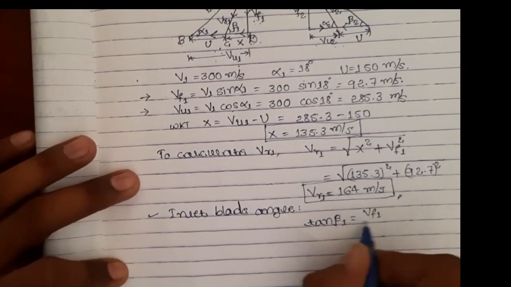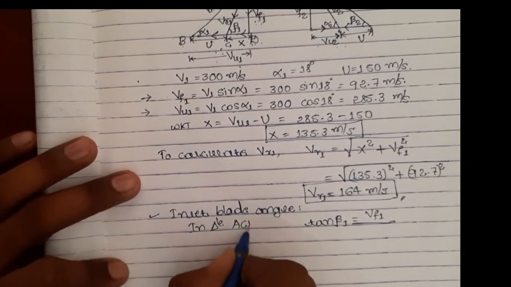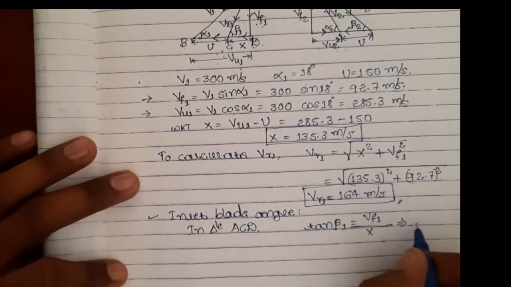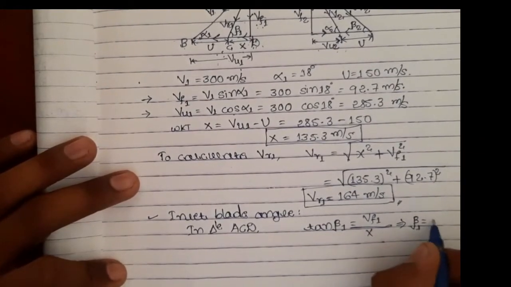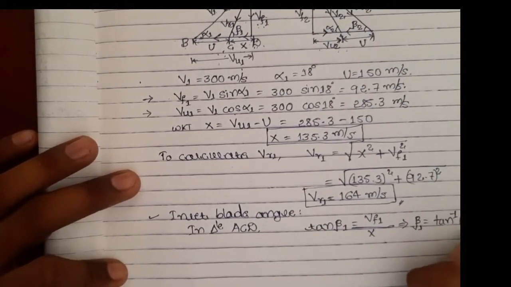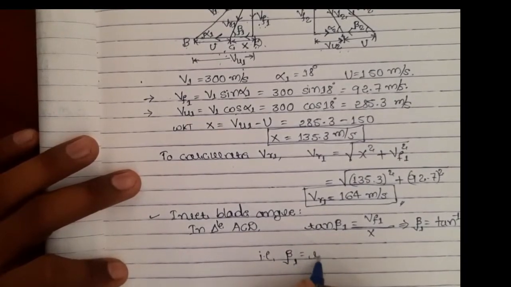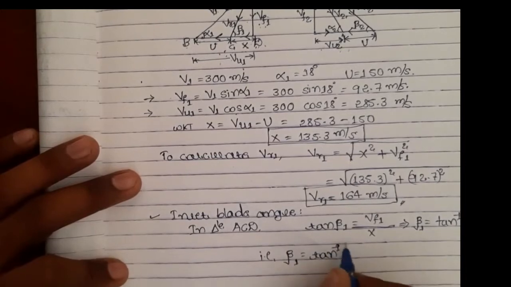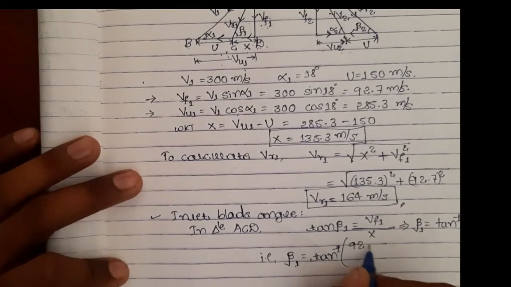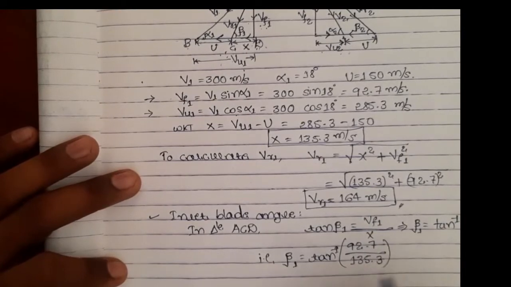In triangle ACD, tan beta 1 is equal to VF1 divided by X, which in turn becomes beta 1 is equal to tan inverse of VF1 by X. VF1 is calculated as 92.7 meter per second divided by X, which is 135.3, as we just calculated.